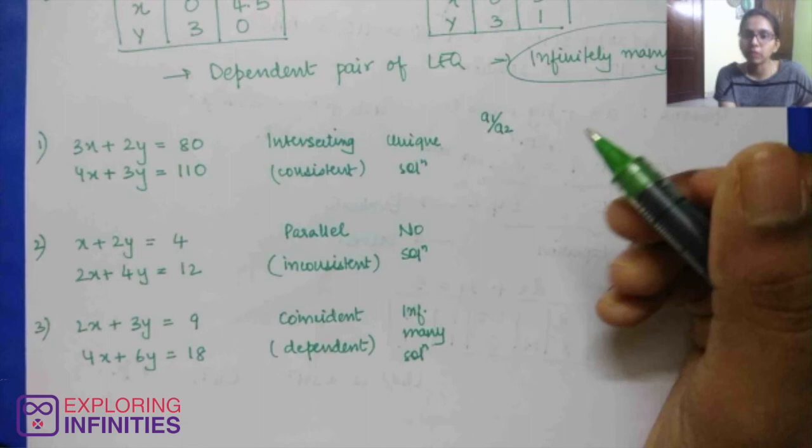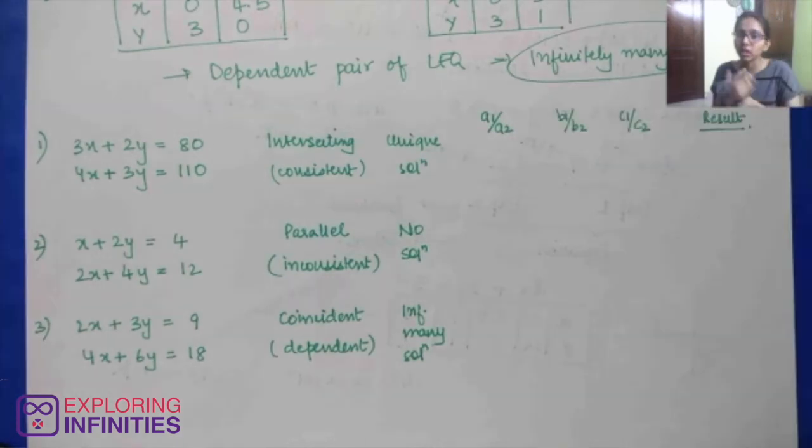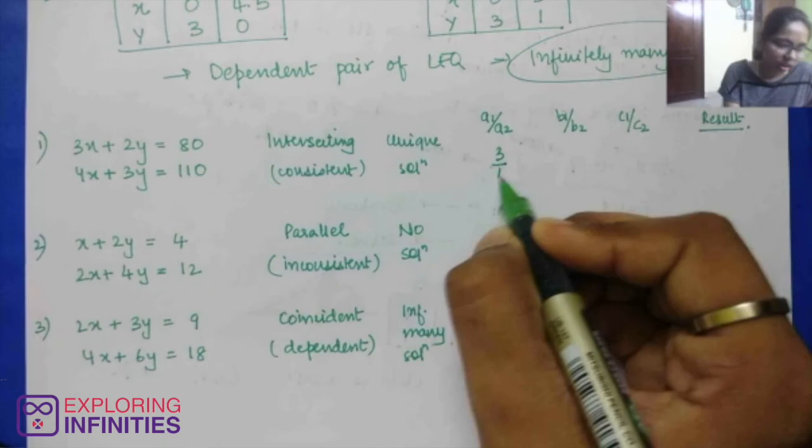Probably just by looking at the equation you can say if they're consistent, inconsistent or dependent. So a1 by a2 in our case is 3 by 4. I'm writing down a1 by a2, b1 by b2 and c1 by c2. So b1 by b2 in this case is 2 by 3. Then we have c1 by c2 as 80 by 110.